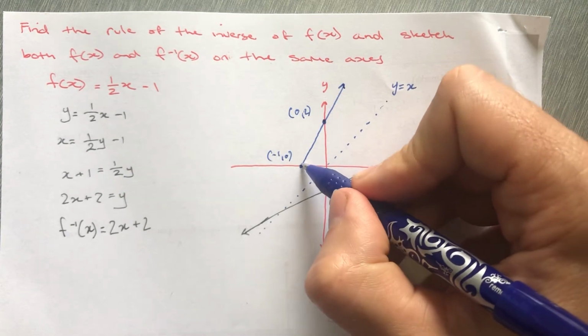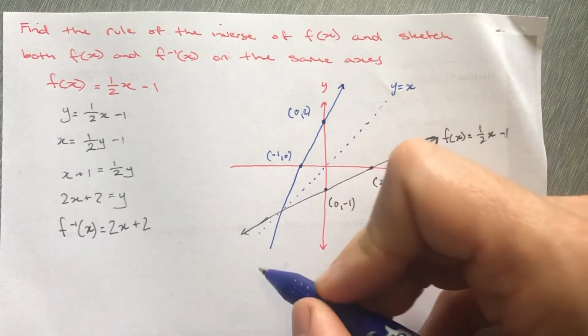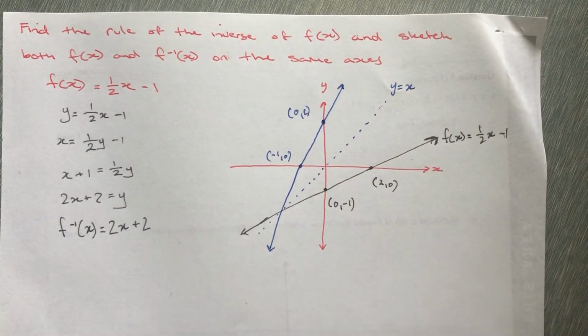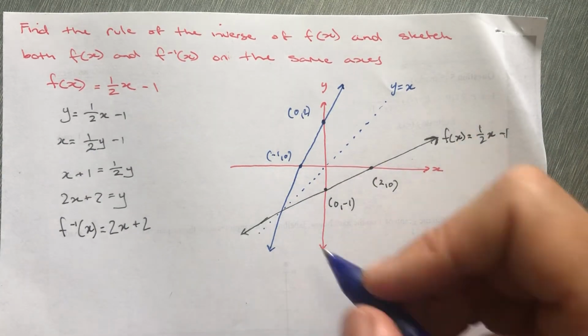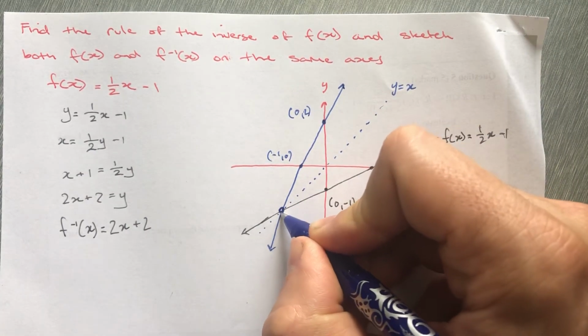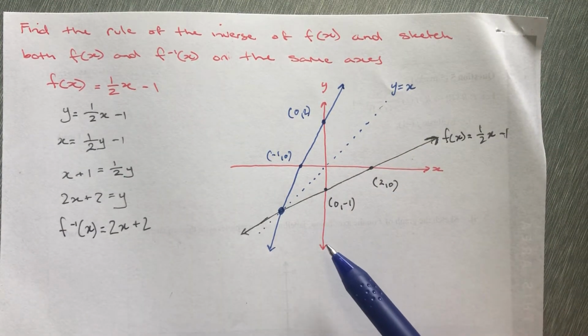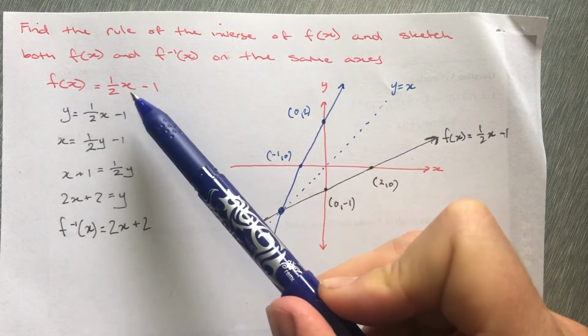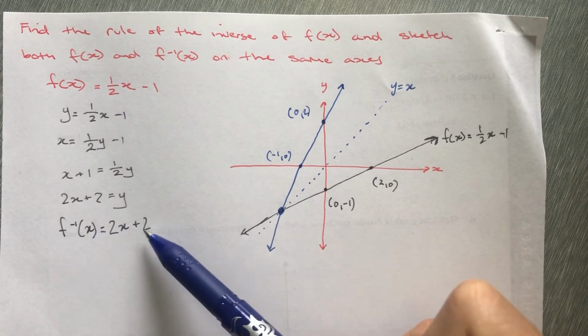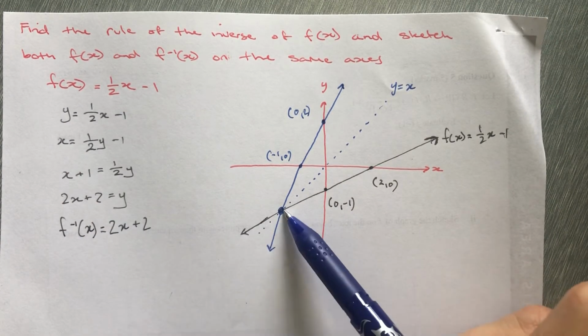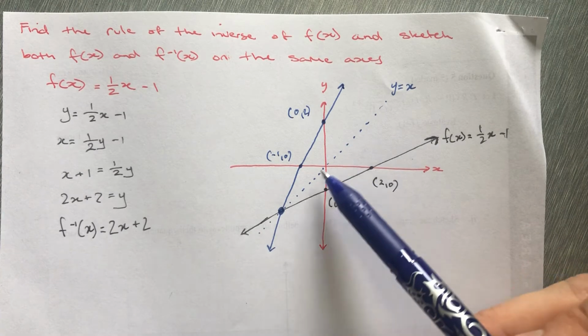there's something else that we need to pay attention to, which is this bit here. Now, wherever the original and the inverse intersect is going to be along that line y equals x.